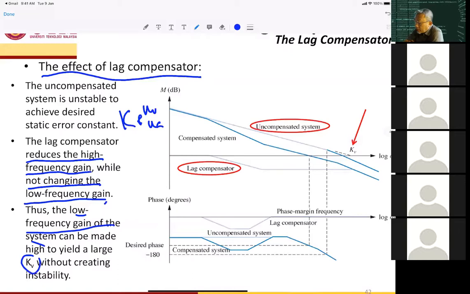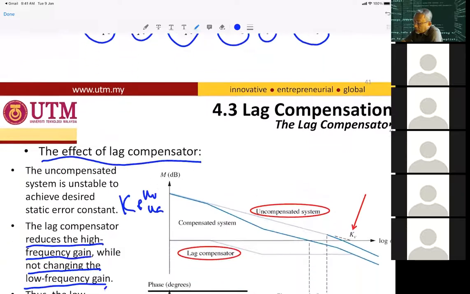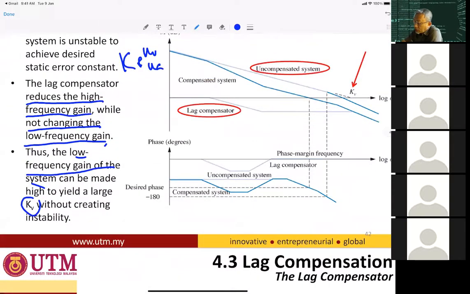This is the diagram that I showed previously. It is much better if you split, so I put it here again: the uncompensated system. By using a lag compensator, it will give you the compensated system, which is the blue line.